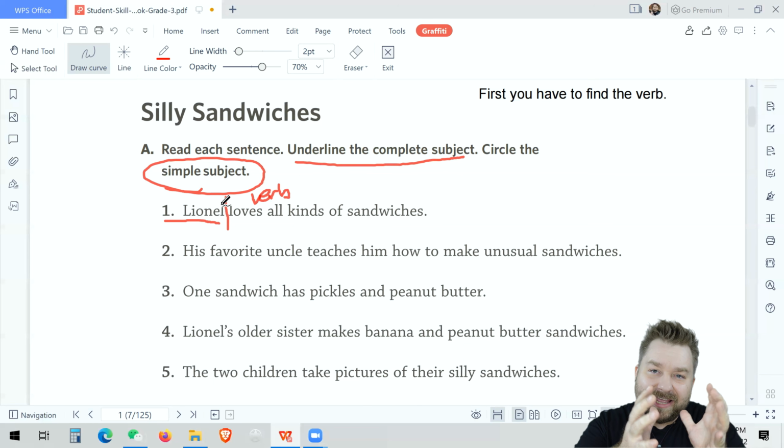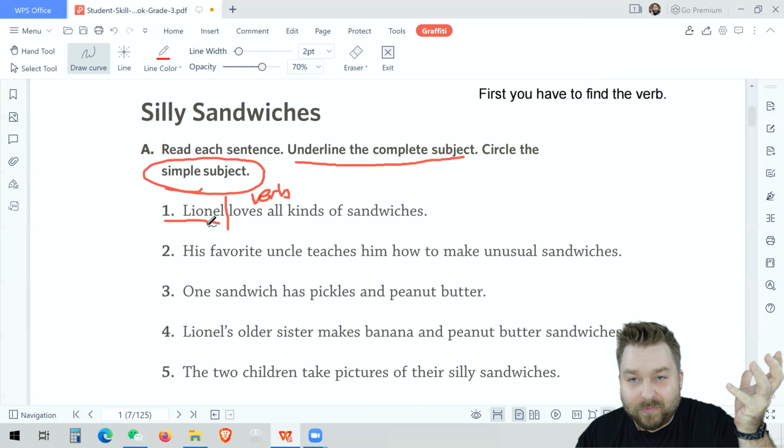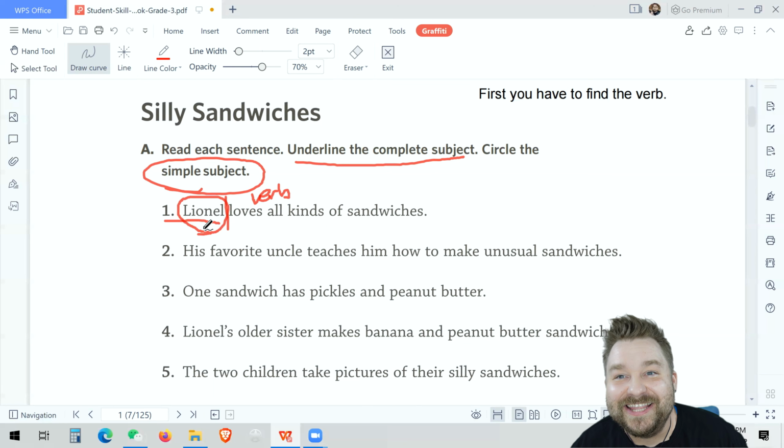It's the word in that subject that the sentence is about, right? What is doing something? Remember that do for the verb? Well, here, who does it? Lionel. So we know Lionel is our main subject, right? There's only one word here, so it's kind of hard to explain. Let's just circle Lionel because we know Lionel is our simple subject. It's the only one there.